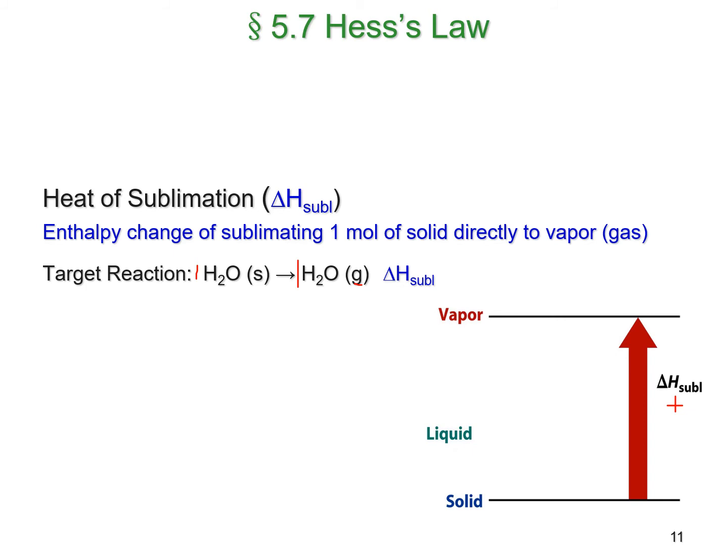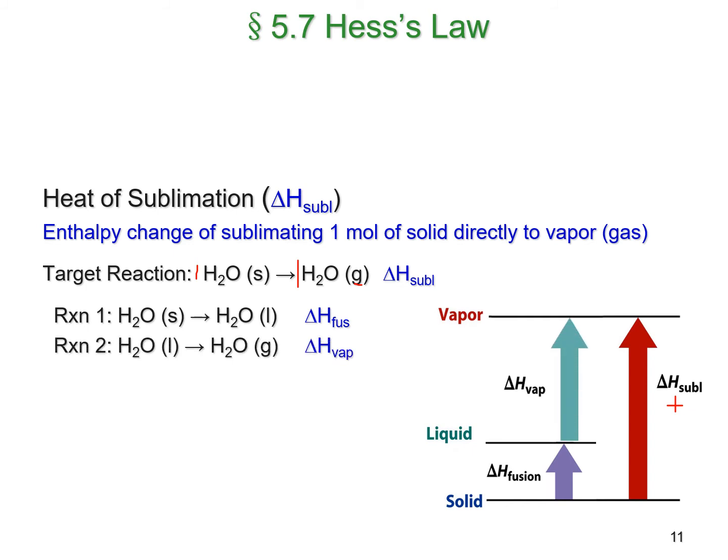In order to heat a solid into liquid, there is a heat of fusion to melt 1 mole of water. And in order to convert 1 mole of liquid water into 1 mole of gaseous water, such a process is called vaporization. We just happen to have the heat of vaporization for water.